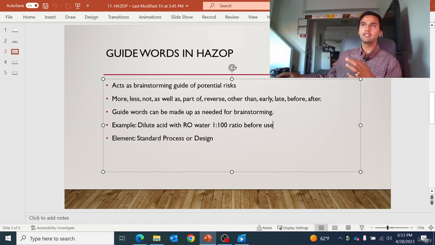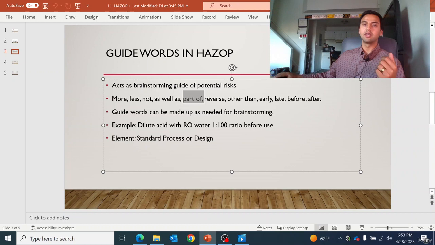And once you have each deviation, you know how to reduce that deviation from happening. Now you have an idea. Now you can brainstorm and create preventative measures or risk control measures that you can put in place to ensure that those deviations do not occur. For example, if your HAZOP told you, what if somebody put part RO water and part tap water, then you have a deviation.